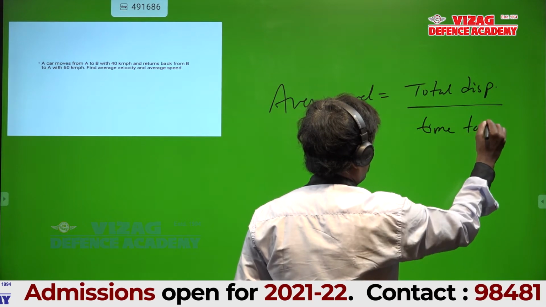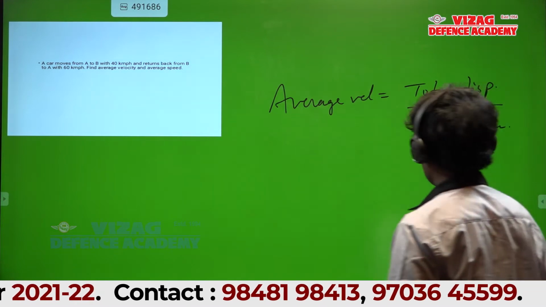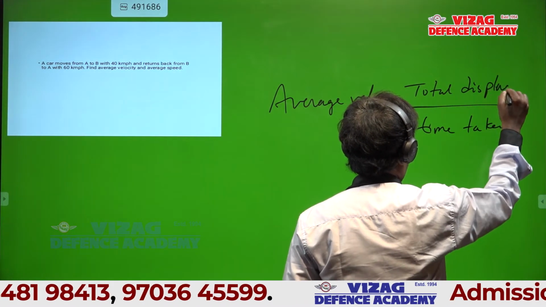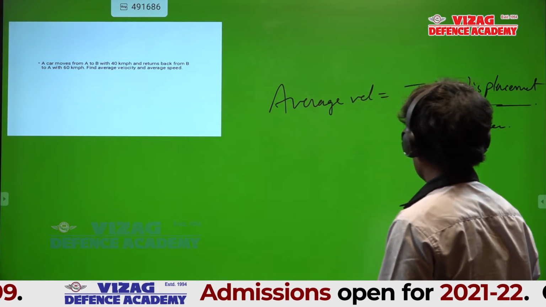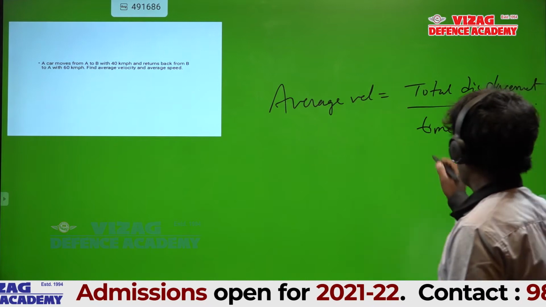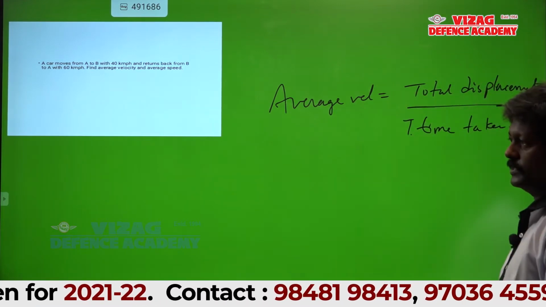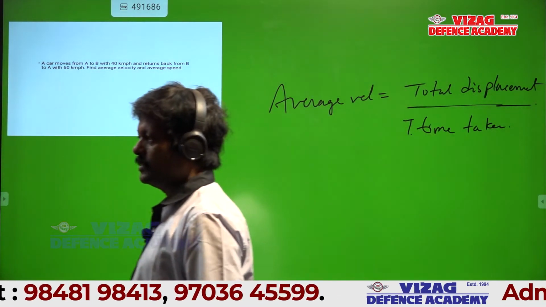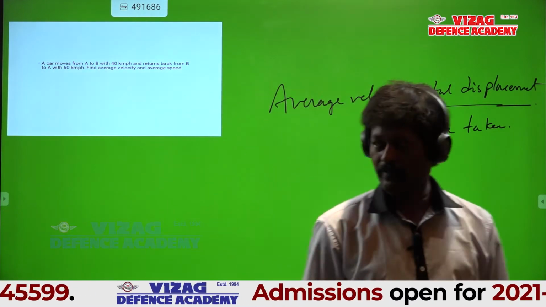Total displacement, not distance, displacement. So, fundamentally, average velocity means total displacement by total time. That's called average velocity.